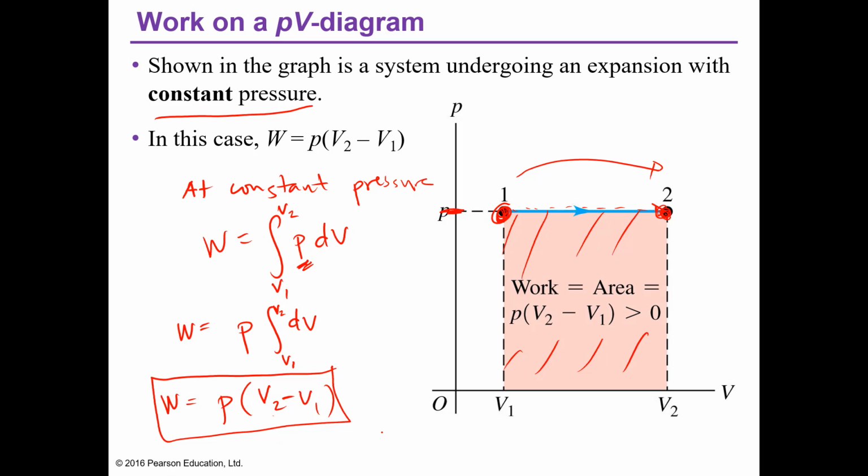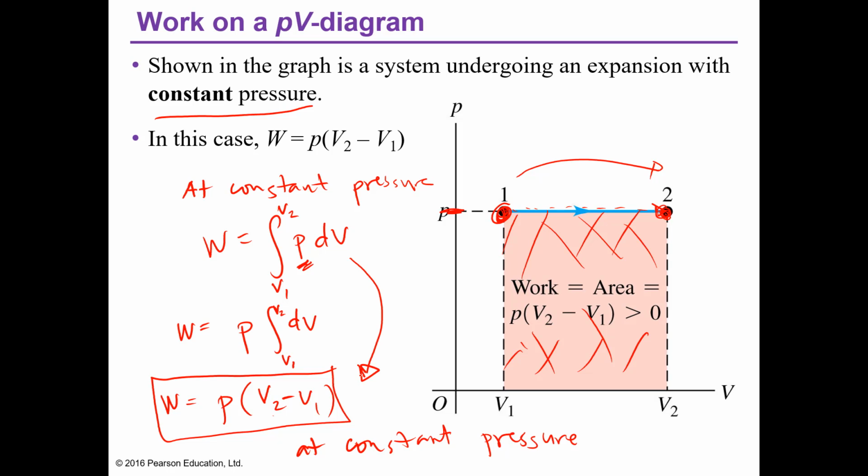And if you look at the PV diagram, it is just the area of this rectangle under the curve. So it is a special case, right? At constant pressure, the integral of P dV is easily integrated, and that is equal to P times V2 minus V1.